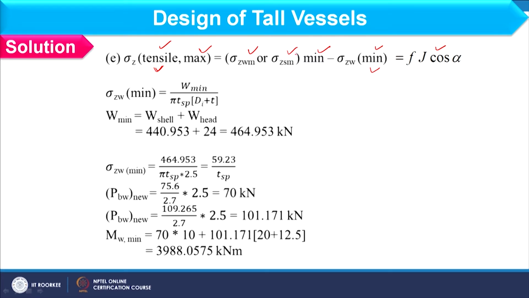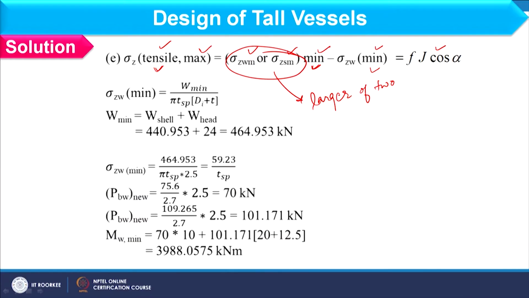Now, I have to consider this at minimum condition, but this should be the larger of the two. So, we have to calculate sigma z s m and sigma z w m, and I have to choose the larger value. However, both of these stresses correspond to the minimum possible condition.